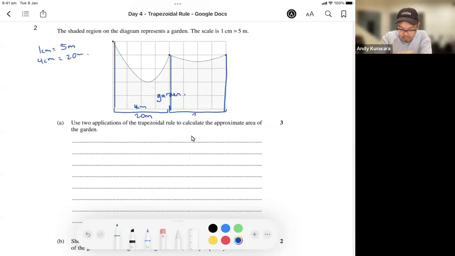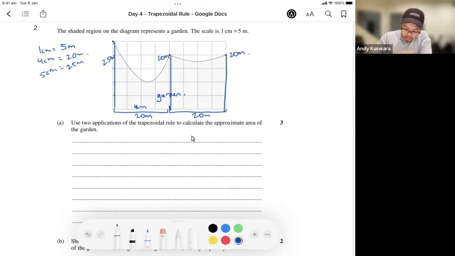Okay, so there's 20, and that's that. Now here, we're going to do the same thing. That's 1, 2, 3, 4, 5. So that means 5 centimeters would be 25 meters. This one here is back down to 20 meters. This one here is 20 meters by the same merit.